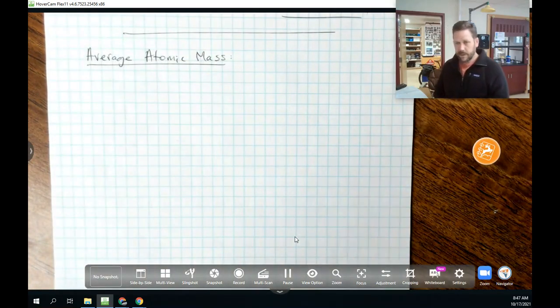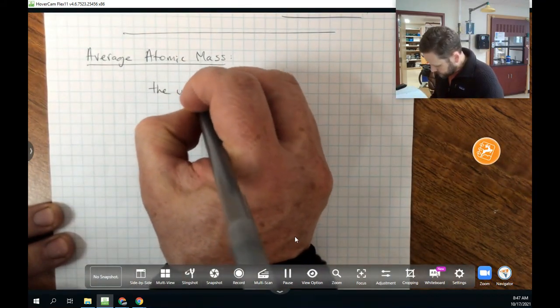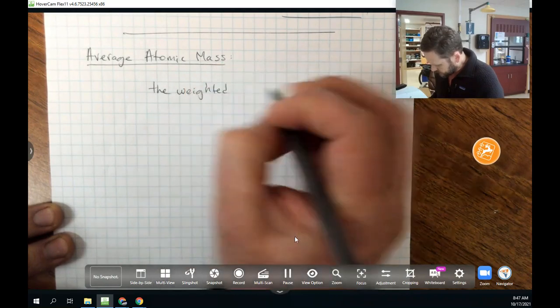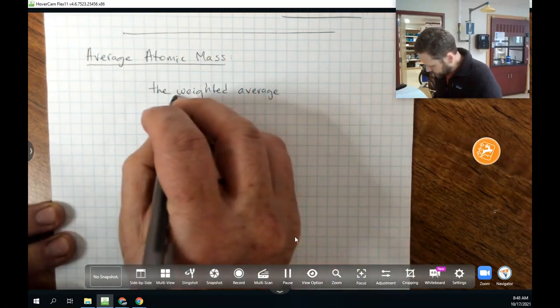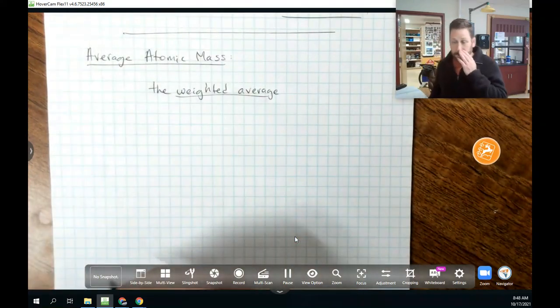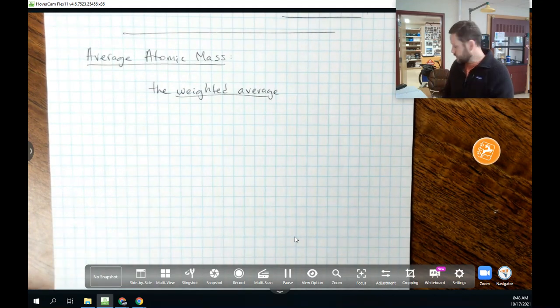The average atomic mass is a weighted average. So I'm going to start this definition by writing the weighted average. And that's an important part of the definition, because it's weighted by the relative abundance in nature of a particular isotope, so that more common isotopes are going to have a greater effect than other less common isotopes.